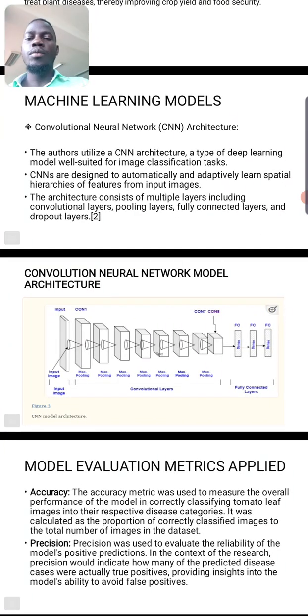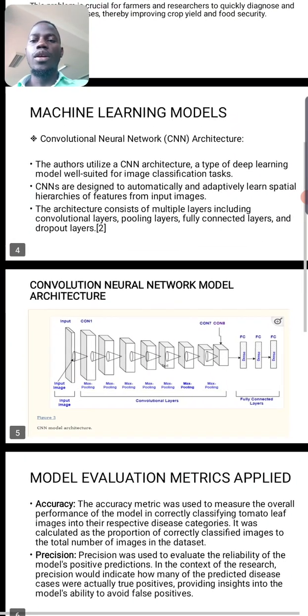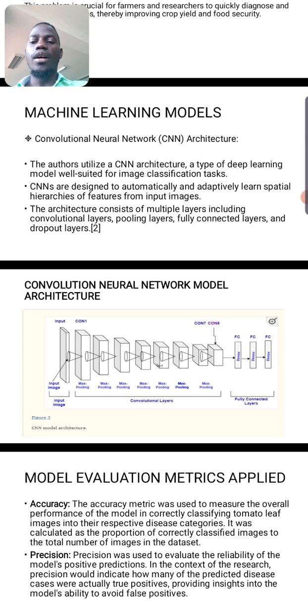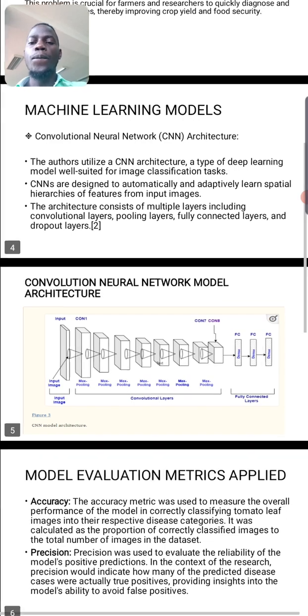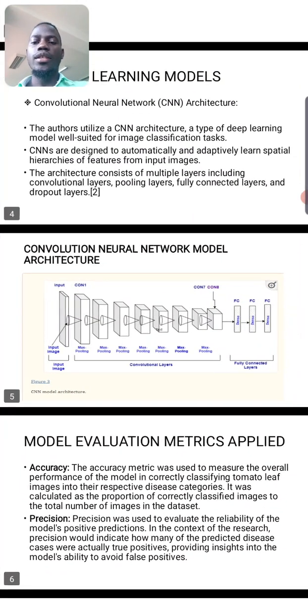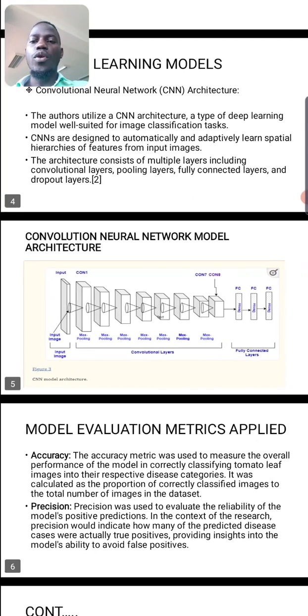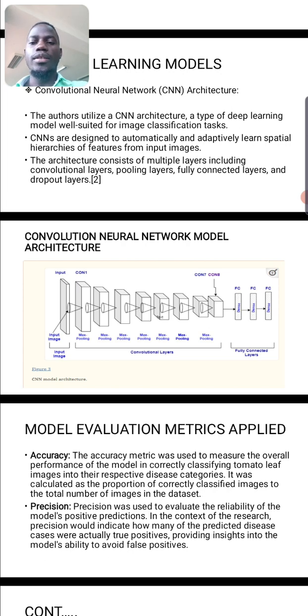The machine learning model used in this research paper I found was the convolutional neural network, that is the CNN architecture, and this is a type of deep learning model that is well suited for image classification tasks. This is the best model for classifying images.